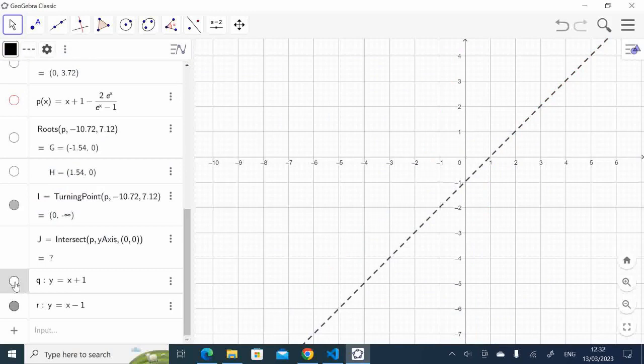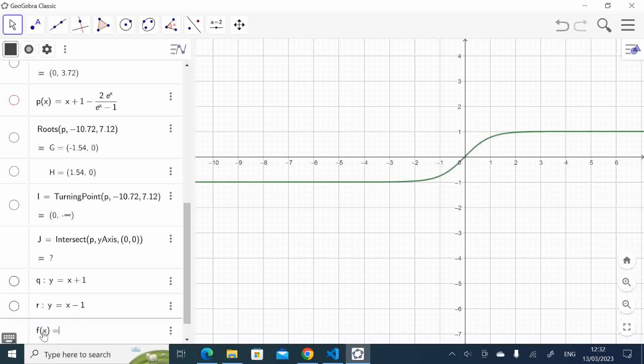Let us try to draw the graph of f of x, which is equal to e to the 2x minus 1, divided by e to the 2x plus 1. Let us check the graph of this function.